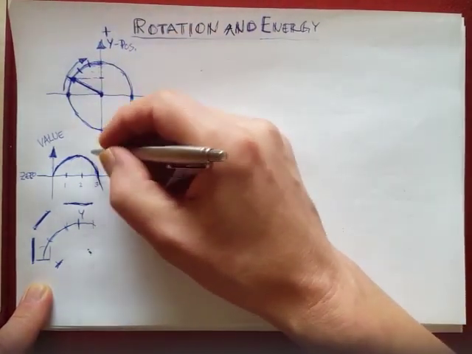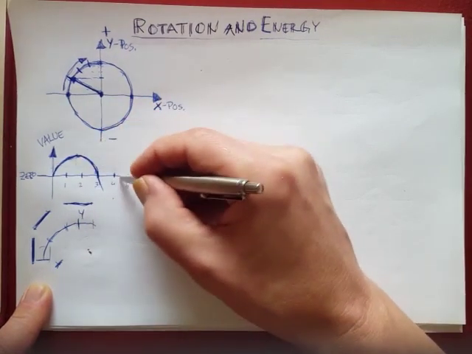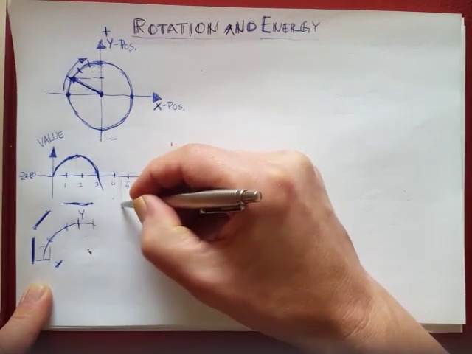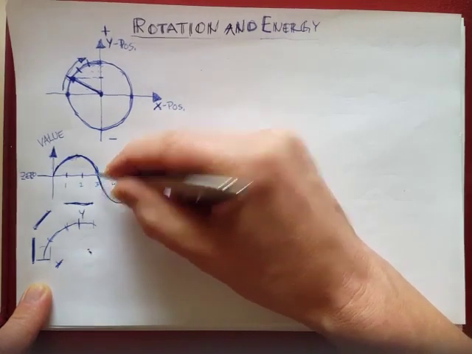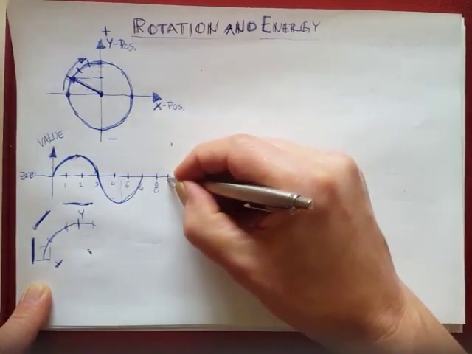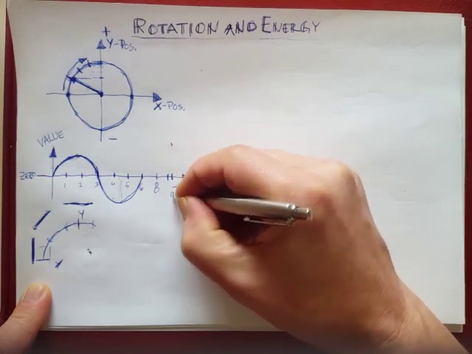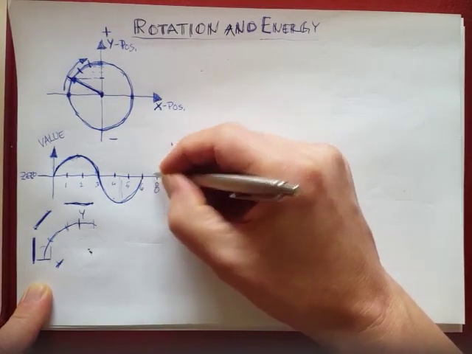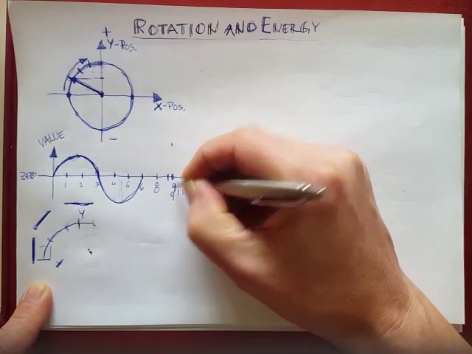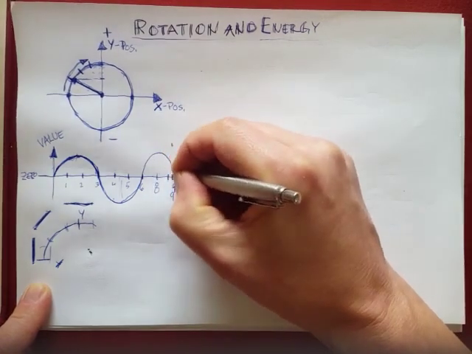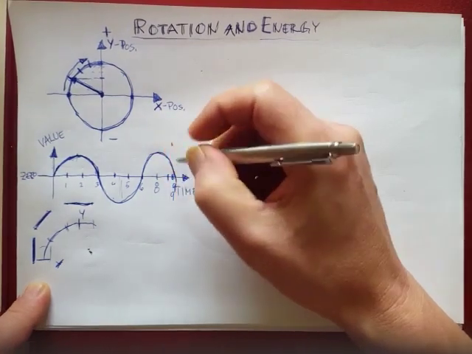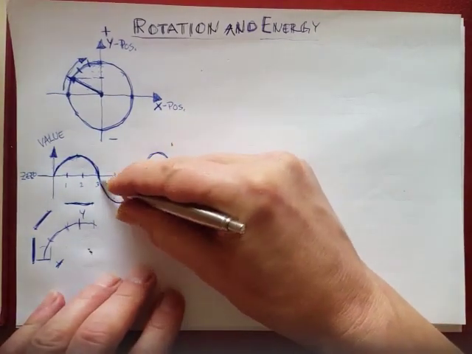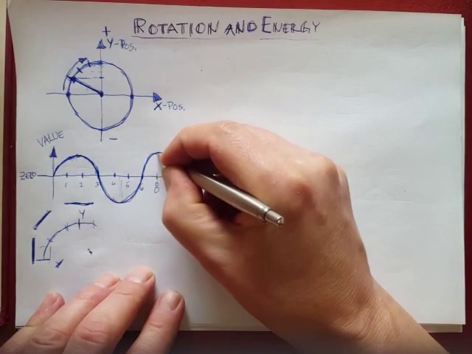So that means that the peak should be about here. So then we will have something like this. And then if that's 9 seconds over here, then we'll have something that goes like this. Now it looks very messy. Doesn't look beautiful. But I think you understand.